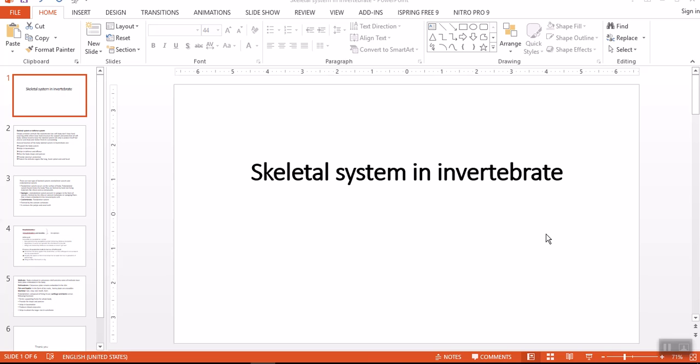Today we are going to look at a second physiological system present in invertebrates. We are going to look at and then compare how the skeletal systems are present in the invertebrates. We have studied about the skeletal systems and their functions. However, we have not gone through each invertebrate.